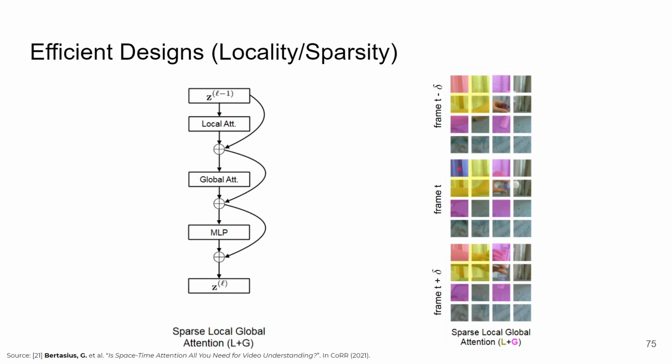This query is allowed to attend to neighboring pixels, so all of these pixels, and in the previous frame also, it is capable of attending to all of these pixels and all of these pixels, right? But as I go further in time and space, I can only look at a sparse set of pixels and I can't go all the way. So I can only look at this and this and this, but not this or this. And the same goes here. The same idea for video, as I said.